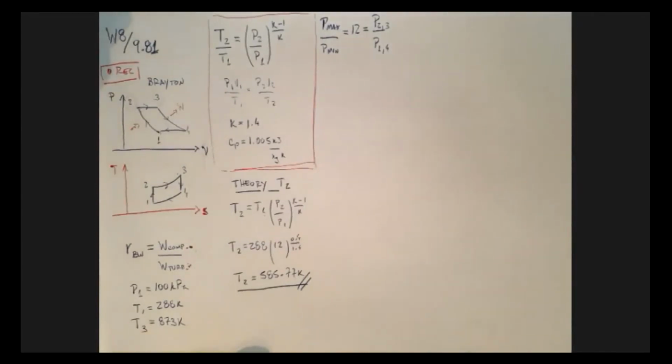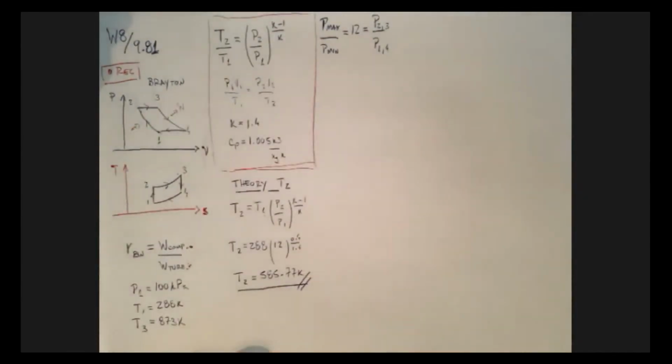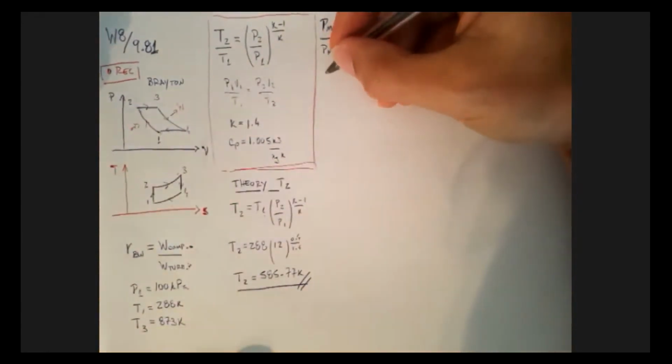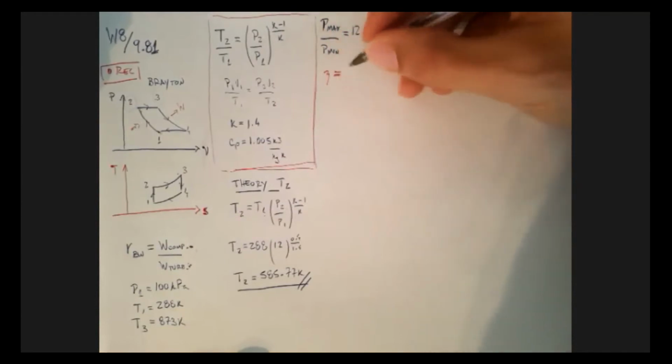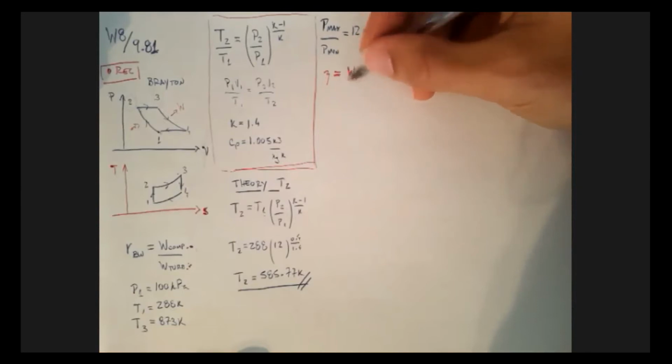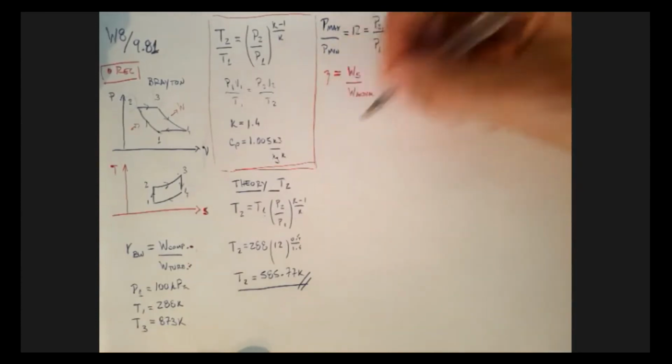In practice, however, if this compressor is only 80% efficient, what does that mean? If you recall, the isentropic efficiency of a compressor is the work required for the ideal, isentropic case divided by the work of the actual case. If it's a turbine, it's the other way around.